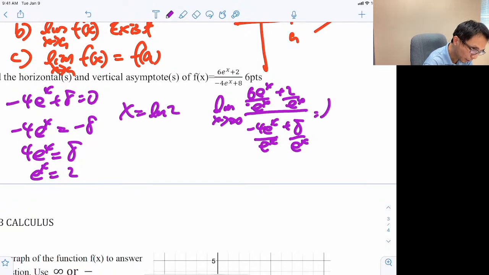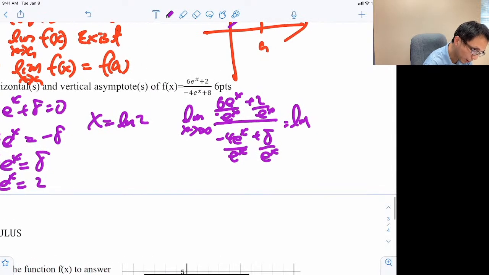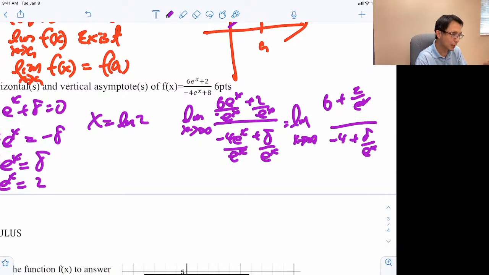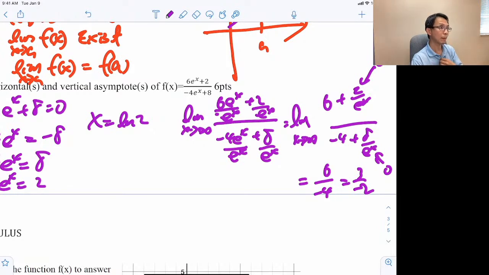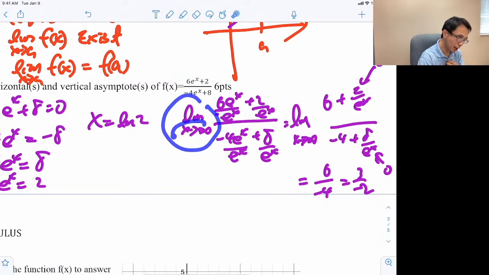So that equals the limit as x approaches infinity of 6 plus 2 over e to the x, over negative 4 plus 8 over e to the x. Anything in the denominator is going to reach a really huge number, so that's going to be 6 over negative 4, because this part goes to 0 and this part goes to 0. That's how you get negative 3 over 2. Yes? Why do you keep saying we'll reach a really huge number? Isn't it... because look at this. Yeah, I understand. The limit as x approaches infinity.